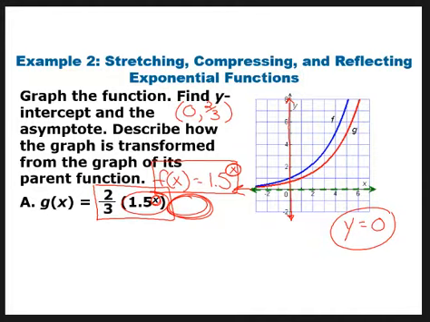Okay, now the other aspect of this is it says describe the transformation. Well, basically what I have here is a 2/3 being multiplied out front. So in other words, if f of x was my parent function, to get to what I have here, I took 2/3 times that f of x function.